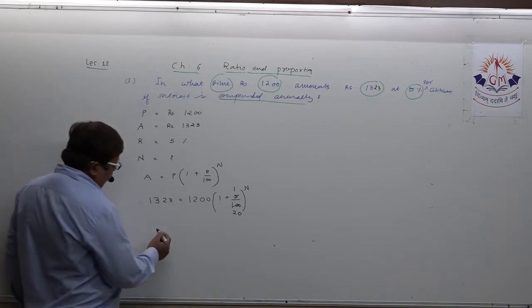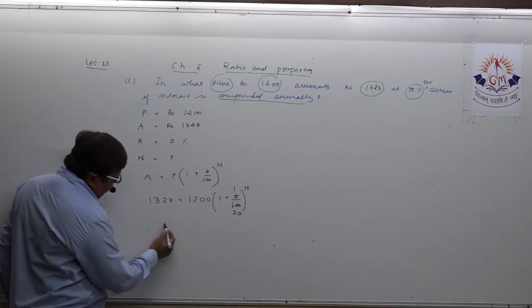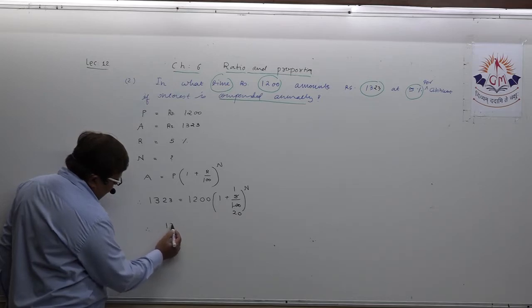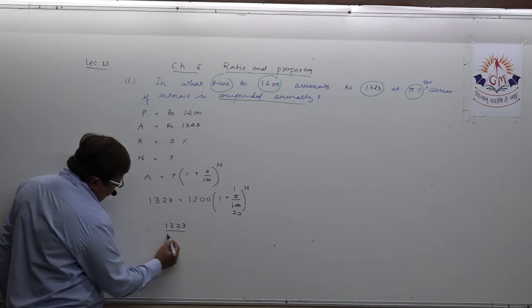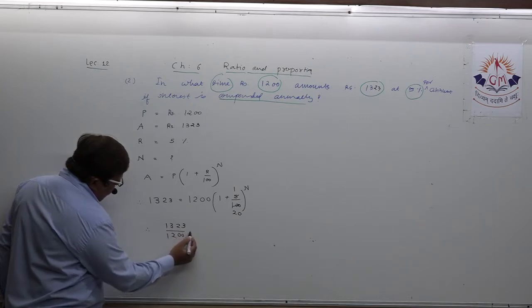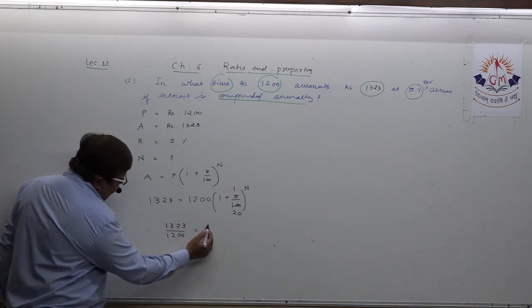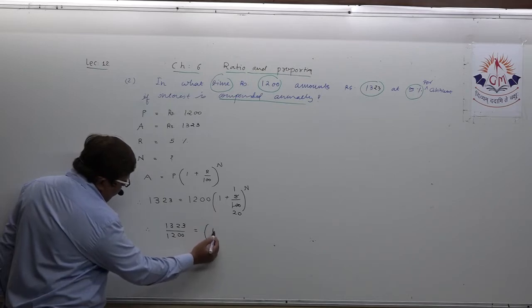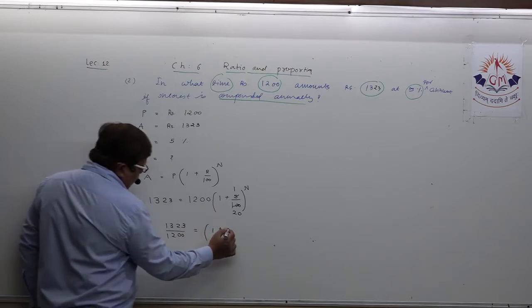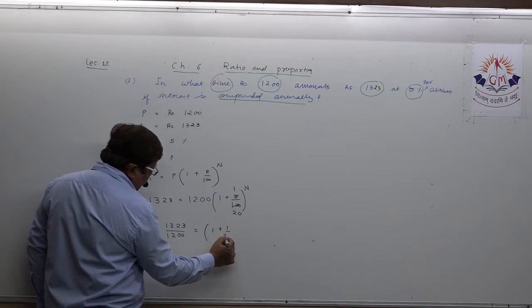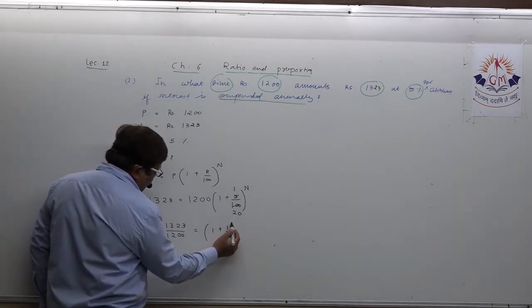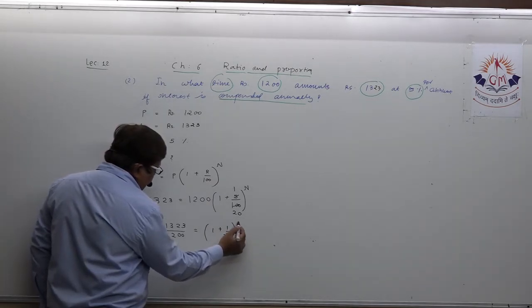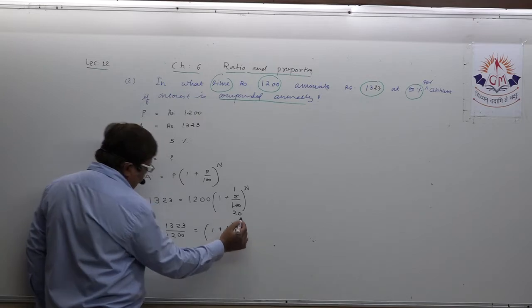So the next step I am writing here only. 1323 upon 1200 equals, as you all know here, 1 plus 1 upon 20 raised to the power of n.